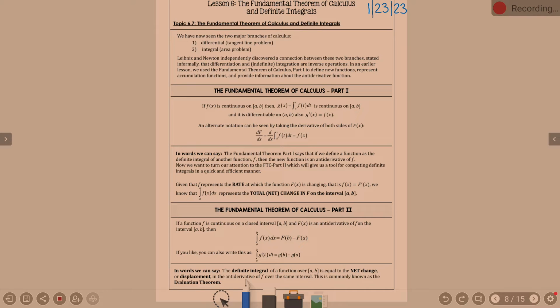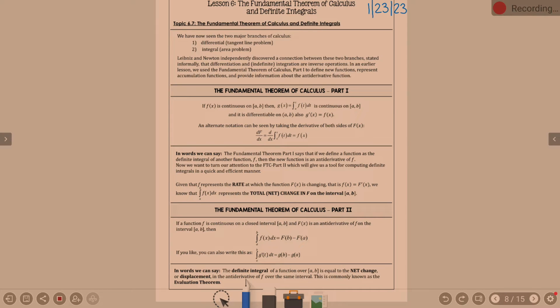Fundamental Theorem Part 1 says if we define a function as the definite integral of another function, the new function is an antiderivative. We're going to start looking at Part 2, which is how do we compute a definite integral. In other words, when the numbers are boundaries, how do we compute that other than just plugging it in our calculator? Because we're not always going to be allowed to do that.